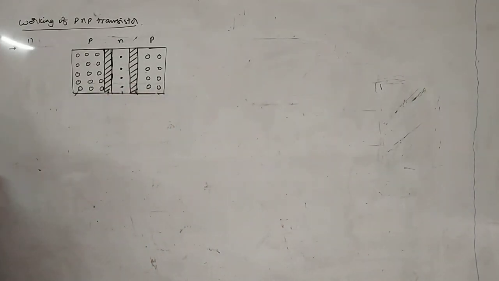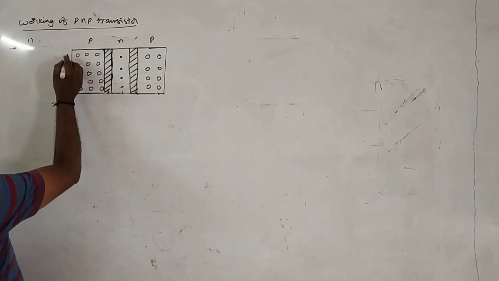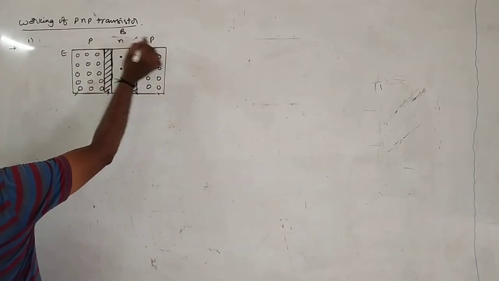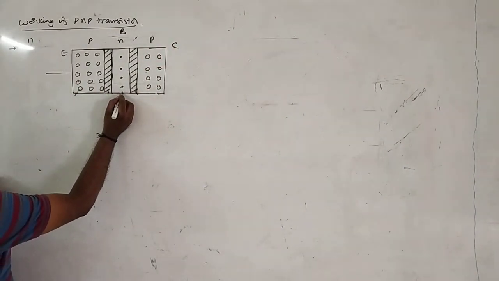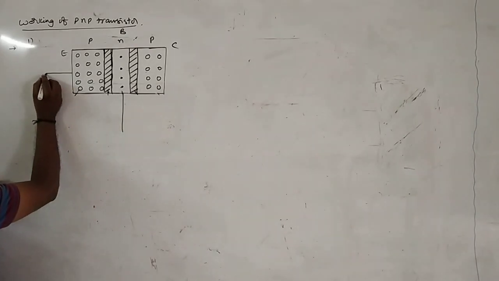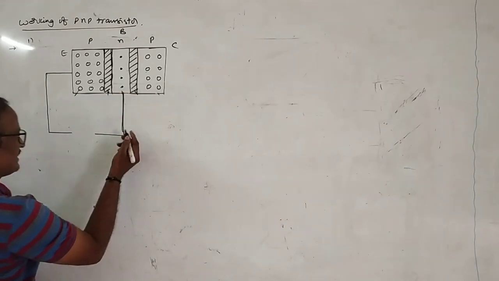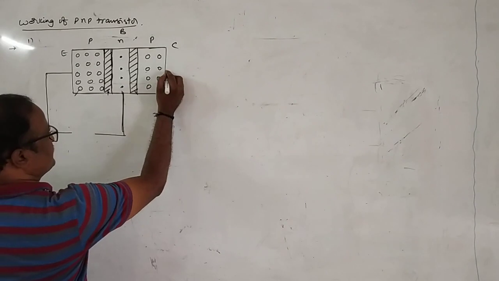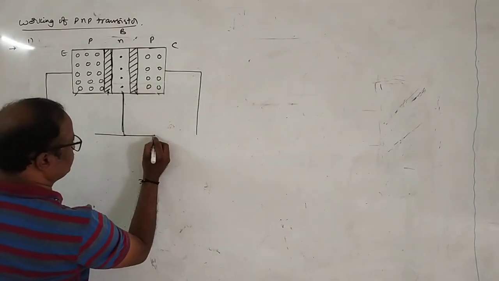That means there are two batteries. Suppose it is a PN junction diode. This is the emitter, this is the base, and this is ground. This is in forward bias, and to forward bias it we compulsorily connect a battery across it. The collector diode is in reverse bias, which means it is connected to another battery.